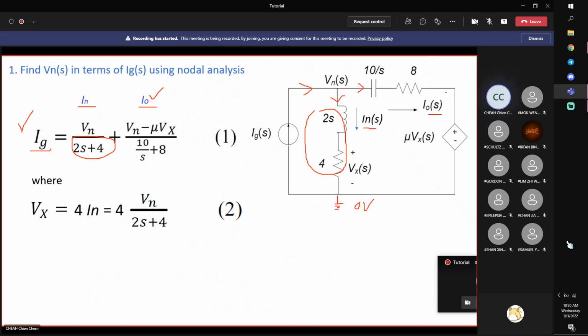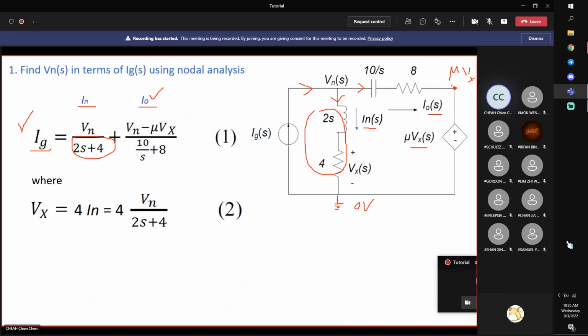Next, over here there's a voltage source, so what does this mean? From this 0 volt, you climb up by mu Vx. So this node voltage is mu Vx with respect to ground. You are at 0 potential, you climb up by this positive potential difference, and you reach mu Vx.